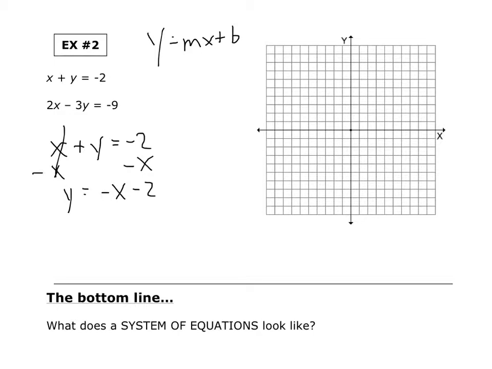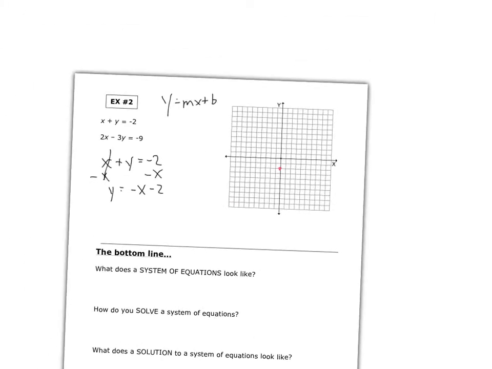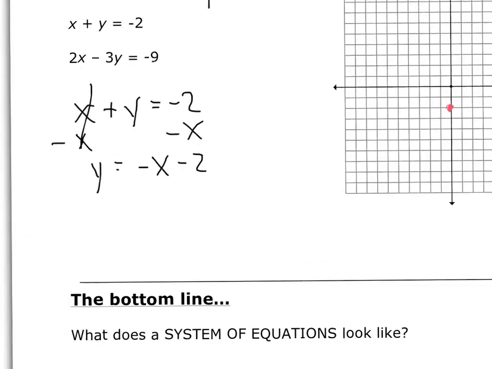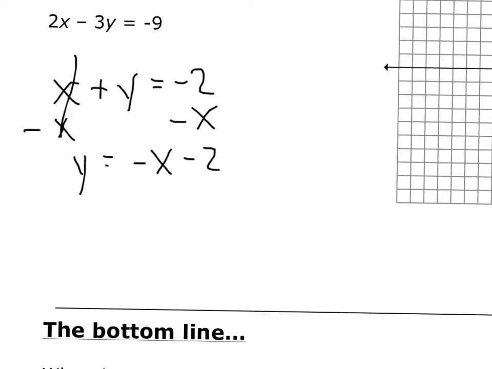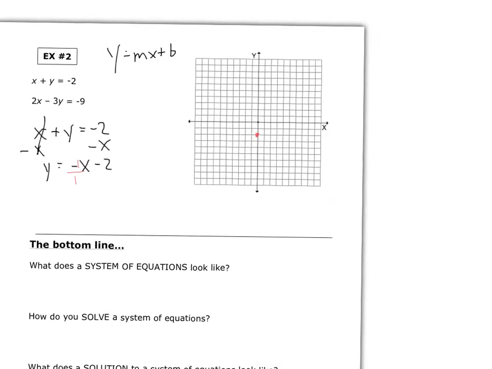Well, if we go ahead and graph that, we know we have a y-intercept of -2. So let's go down to plot a point. And then we knew that we had a slope of -1. So that means we have a rise over run of -1 over 1.